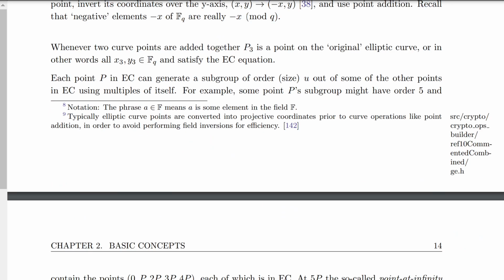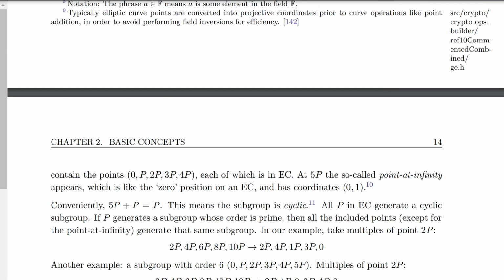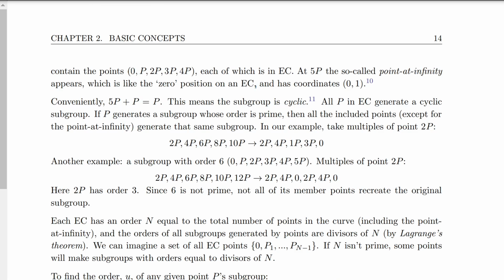The example that we're given here is if we consider a point P that has order 5, a subgroup of order 5, I should say, would contain the points 0 through 4P, all the different multiples of P, so 5 total elements, and every single one of these is a unique point on the elliptic curve. Notice that at 5P, you finish this cycle in the same way as modular arithmetic, where you start back over at the beginning of the group. In the case of the subgroup at 5P, we begin back over at the 0 position and continue on.